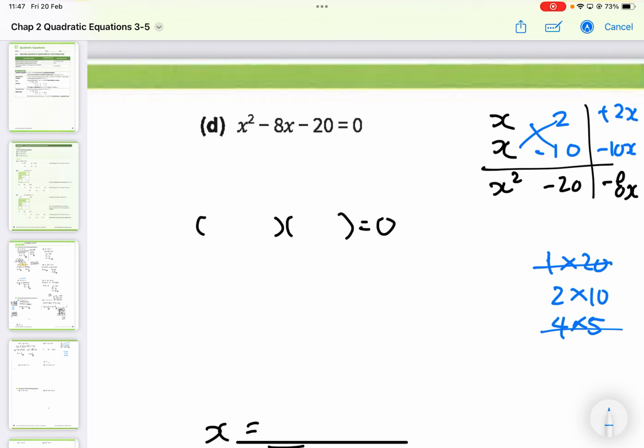So if you know this part, why, how, then this solution is easier to get. Okay? So we are able to do the factorization. x squared minus 8x minus 20 can be written as x plus 2 multiply x minus 10. Now I reach my midpoint already.